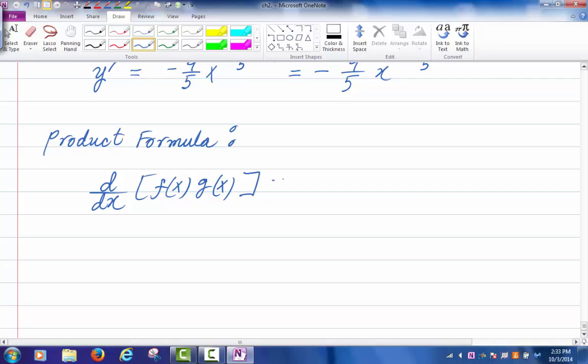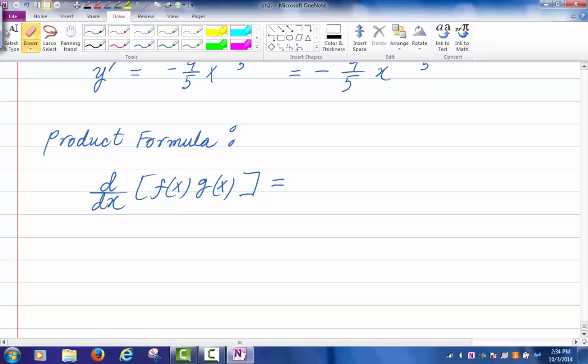Well, one would expect that this is equal to, just like the sum rule, you just take the derivative of each factor separately and then you multiply them, right? That's what one would expect, but in fact that's not true. The derivative of the product is not just a product of the derivatives.